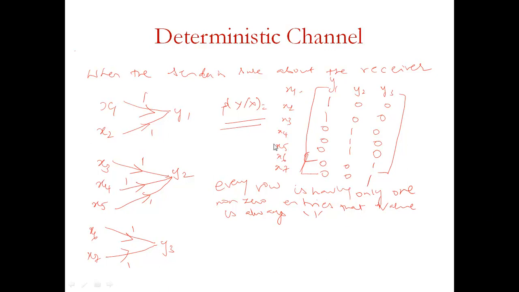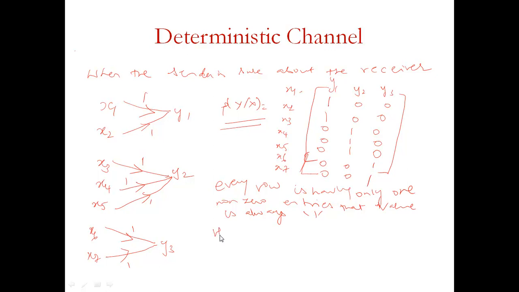As the sender is sure about the receiver, here we can directly write H of y given x equal to 0, whereas in the lossless channel we write H of x given y is 0.